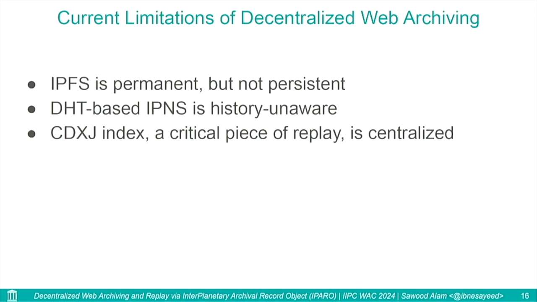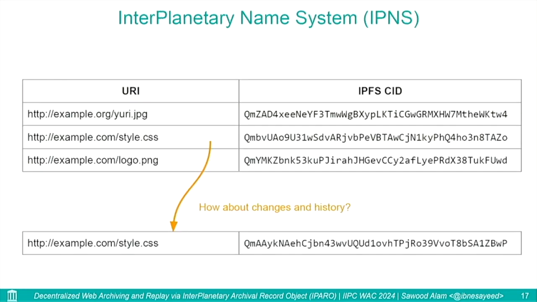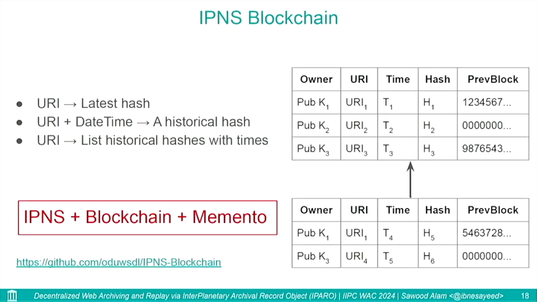And in our solution, although the WARC records were distributed and decentralized, what was not decentralized was the index itself. So that is centralized, which is not truly decentralized, right? We proposed some solutions around that, like bringing in blockchain and IPNS and Memento together, and maybe work around it, but no one cared about implementing that, right?